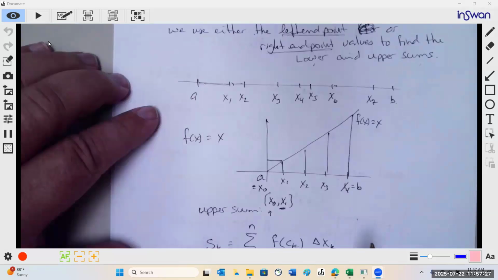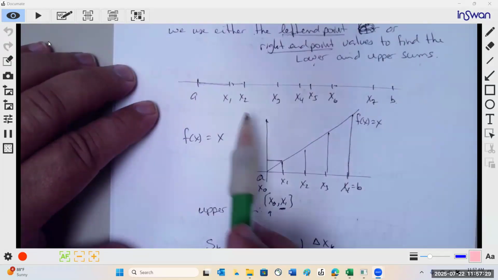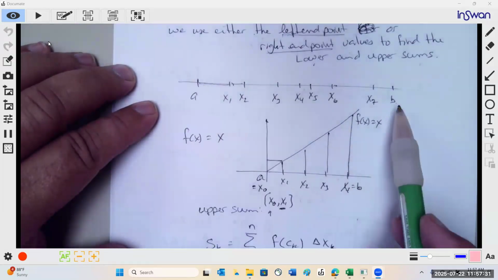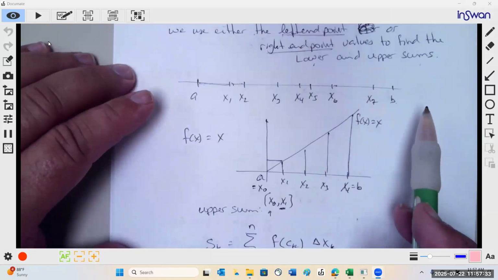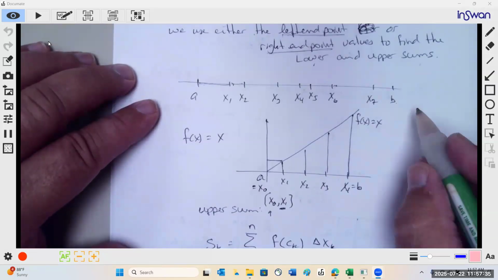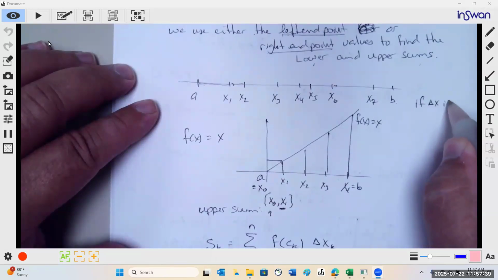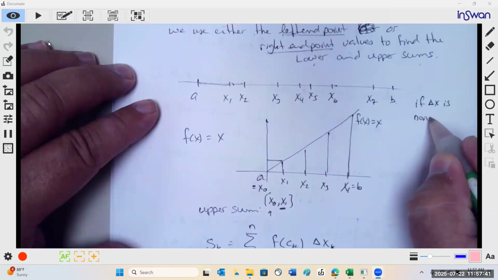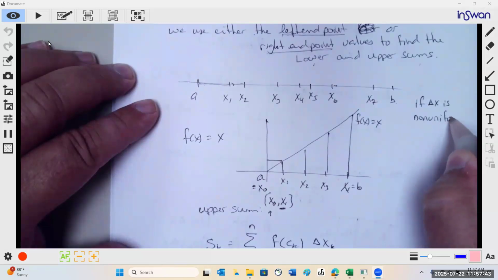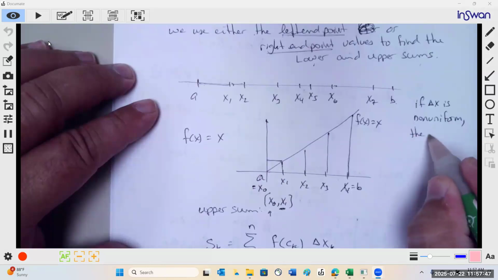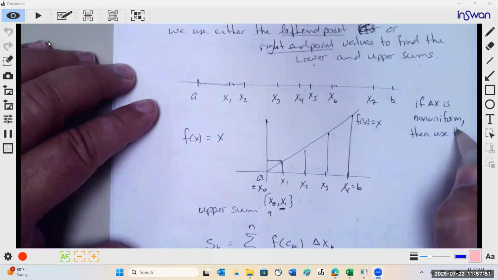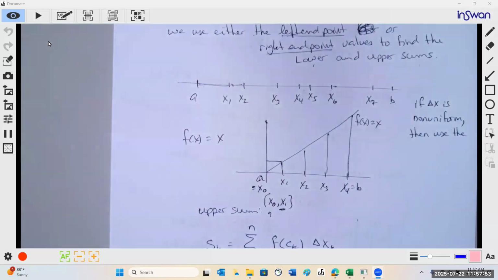Oh, let me get to this real quick also. If you have non-uniform delta x's, if delta x is non-uniform, which delta x would you use?